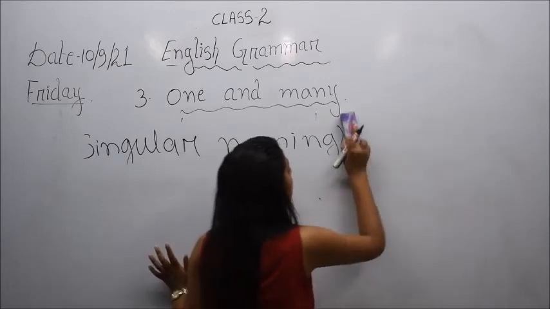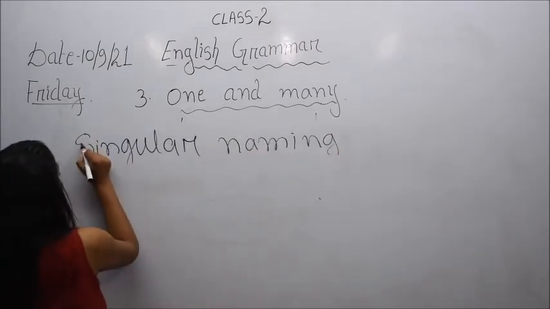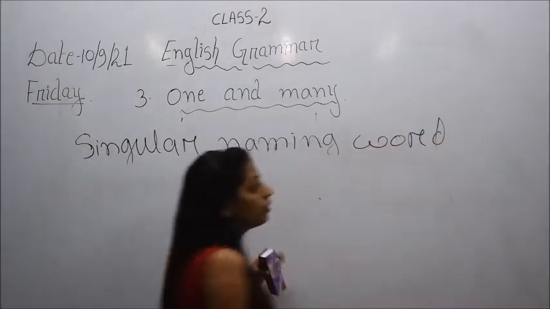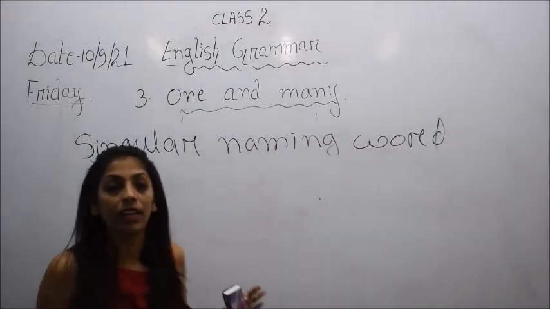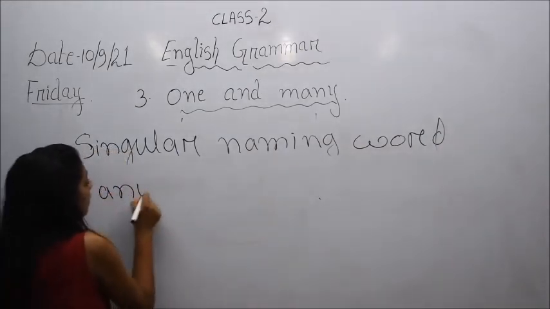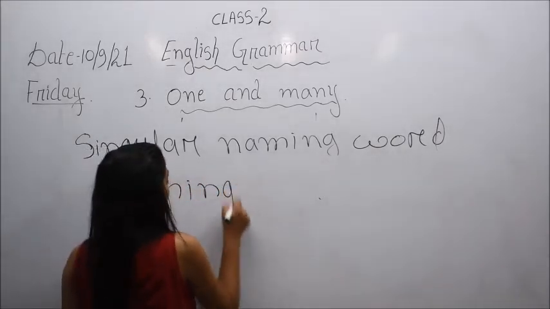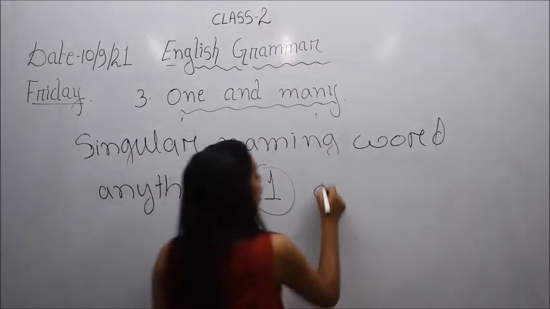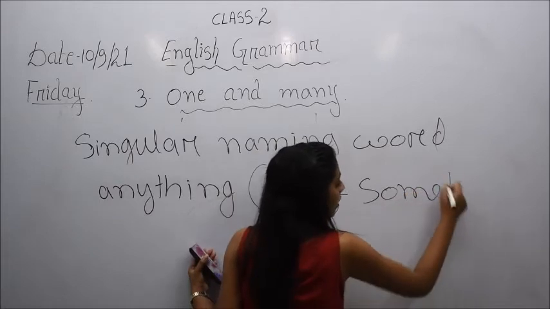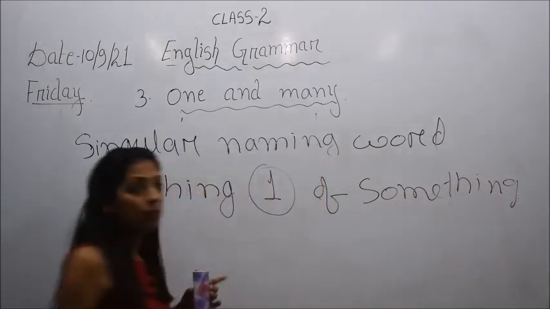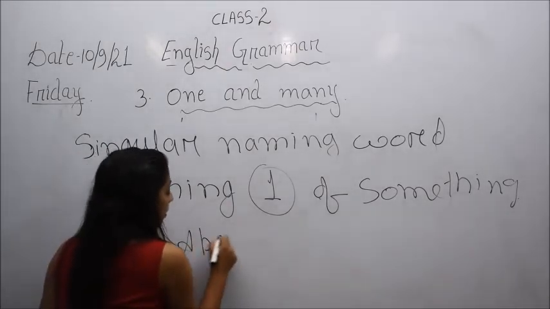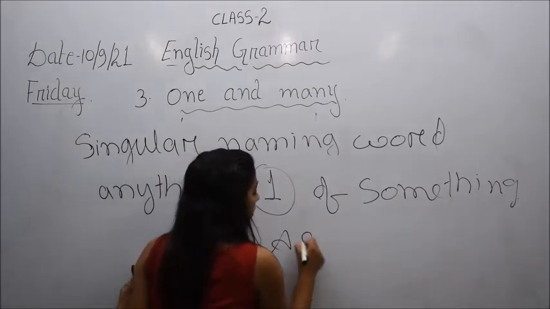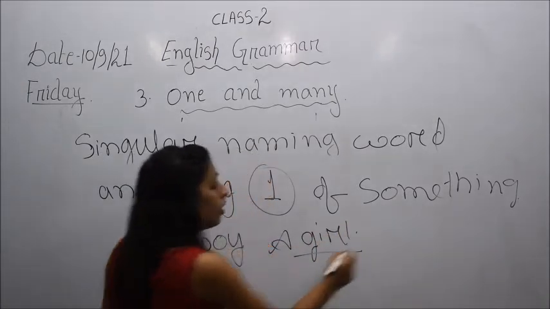The function of a singular naming word is to tell you that there is one of something. For example, a boy, that means only one boy, or a girl, that means only one girl.